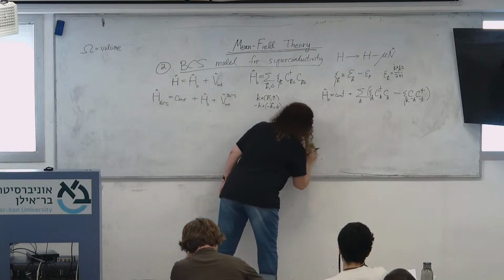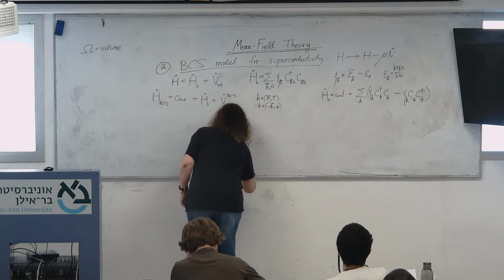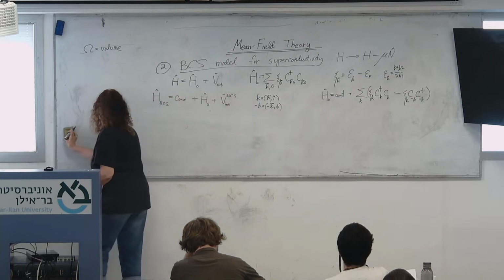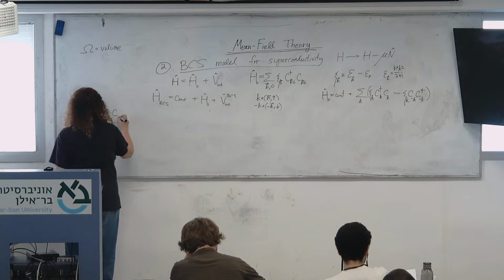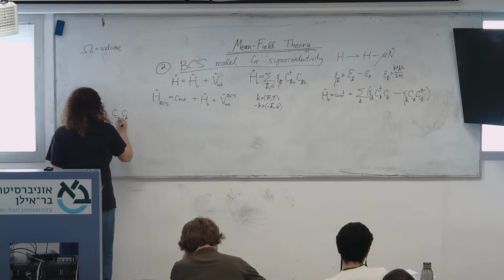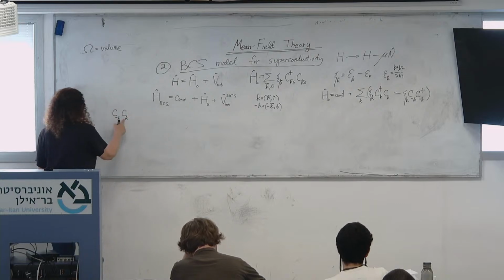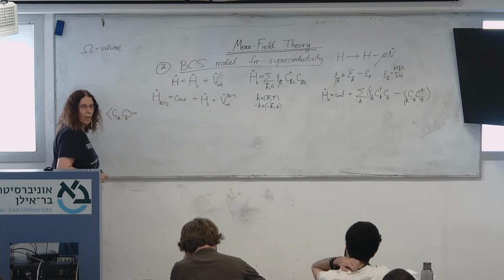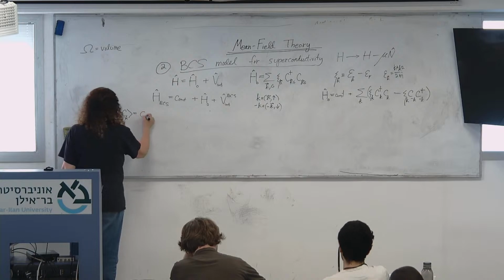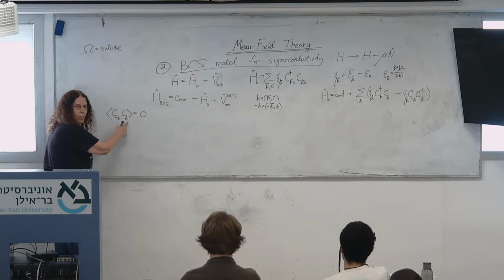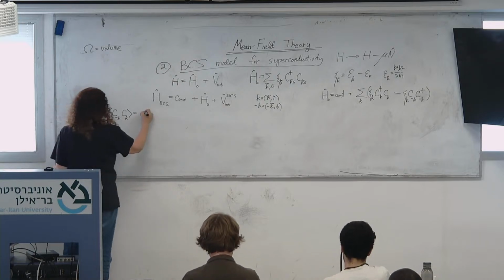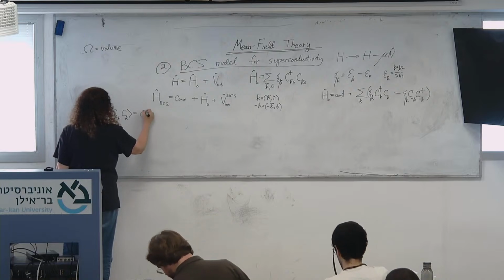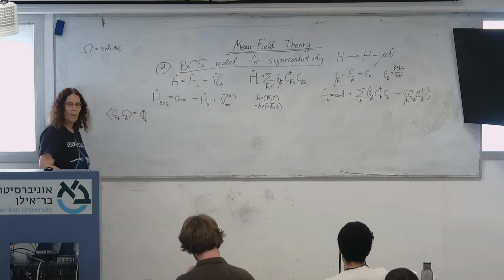And I'm using the fact that I assume that in my new notation the expectation value of C minus k, C k is non-zero, okay? And it's equal to what I denoted by phi, okay?